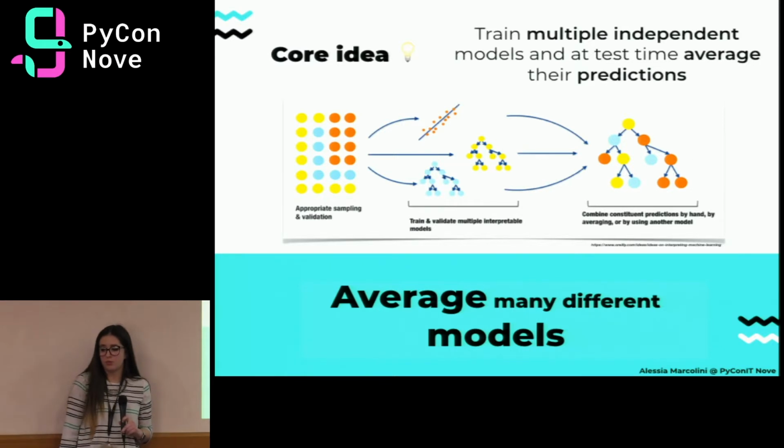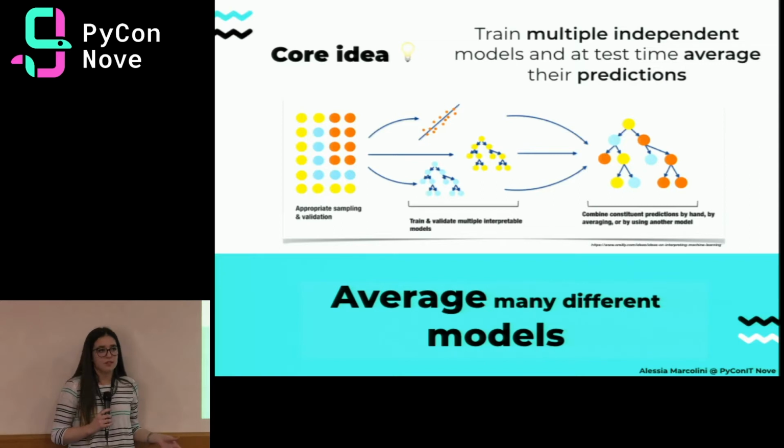One reliable approach to improve performance on neural networks is what is called model ensembling. You train multiple independent models, and then you average their predictions at test time. As the number of models in your ensemble increases, the performance typically improves.